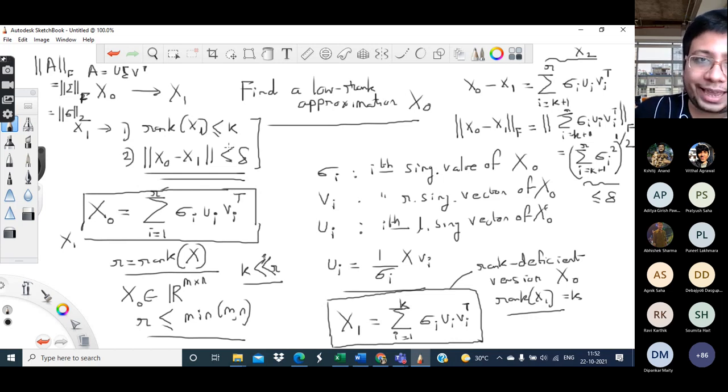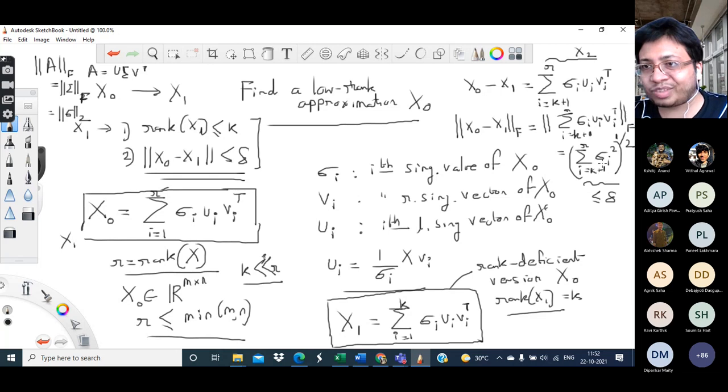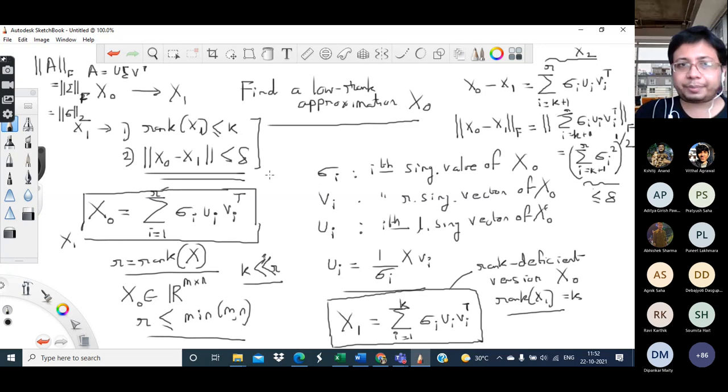Given any value k, I can always find an approximation x1 whose rank is k, and the difference of its Frobenius norm from the original matrix x naught is bounded by this quantity. Now, whether it is also bounded by the tolerance value delta which you have supplied depends on these quantities. For some matrices it will be satisfied, for some matrices it will not. It depends entirely on what matrix has been given to you.